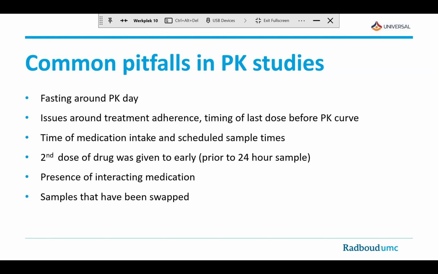We really need the last dose before the PK curve is taken to be 24 hours before in case of once daily dosing, because when the child or the person took it in the evening and the curve starts in the morning, it will not start at 24 hours after dosing, right?